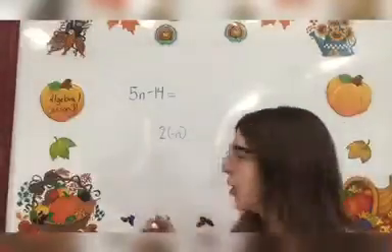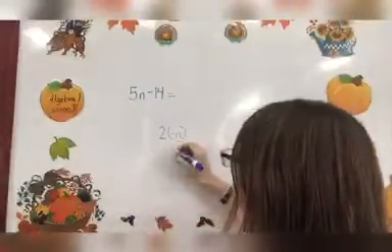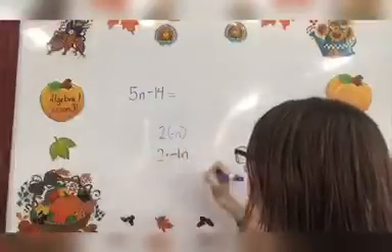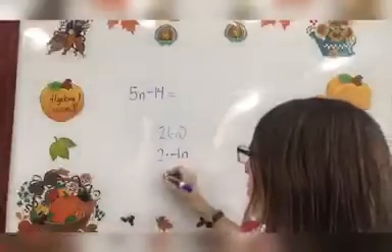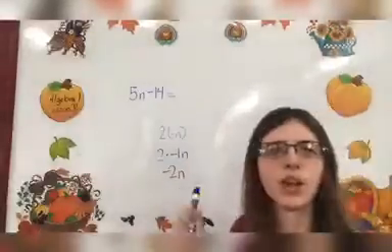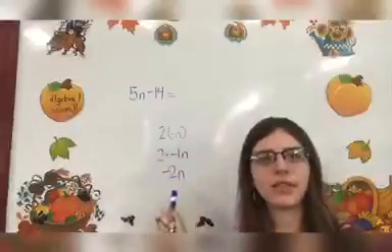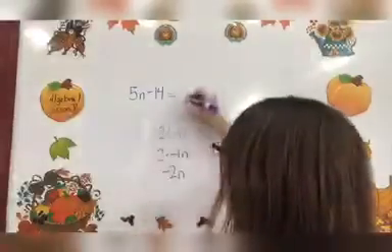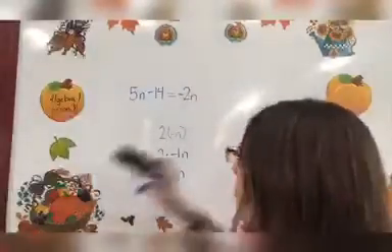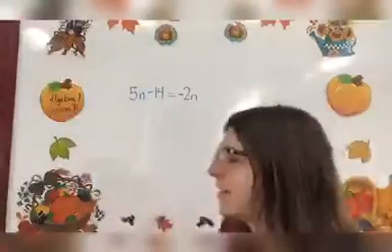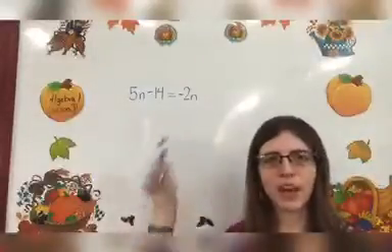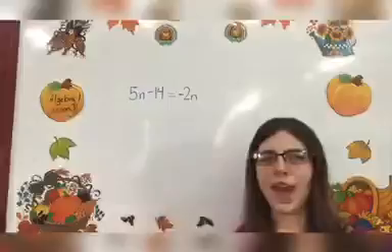Well, it's like multiplying 2 times negative 1n. 2 times negative 1 is negative 2, and then n. So this is the same as negative 2n. I'm going to write it like that so I don't have the parentheses and feel like my problem is more complicated than it is. So this is twice the opposite of the number.